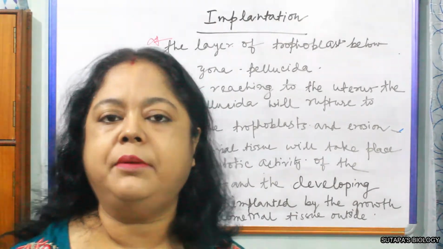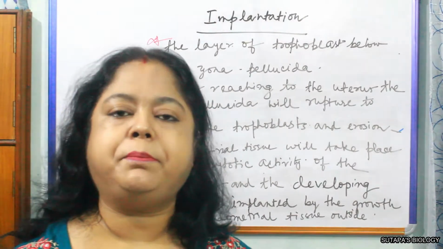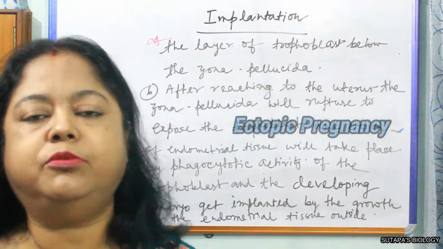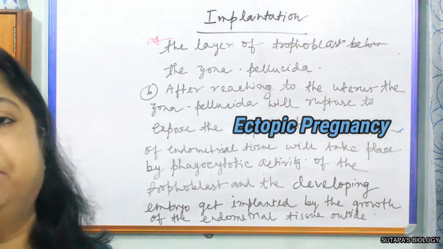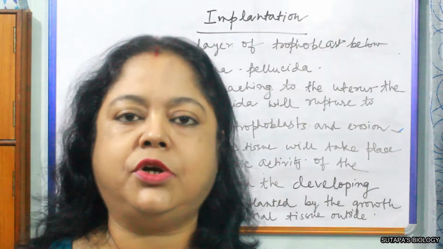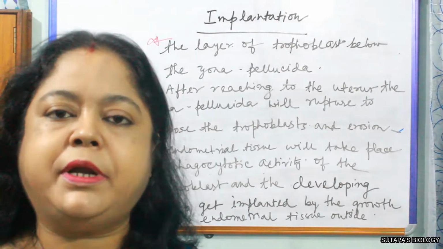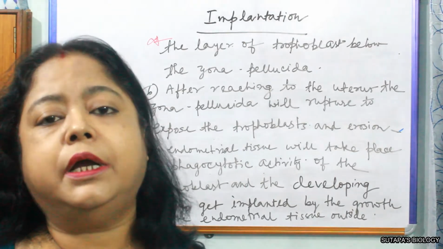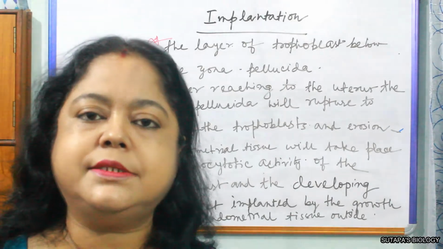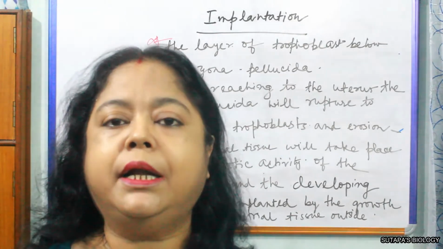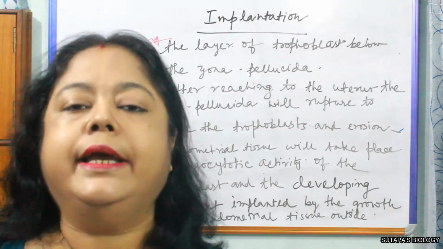Now, another thing I am again telling you is that ectopic pregnancy is a different term which you will require for any competitive exam, either NEET or others. Now, what is ectopic pregnancy? That's the unsuccessful process of pregnancy. In ectopic pregnancy, the embryo gets implanted in the wrong place. Okay, any wrong place.